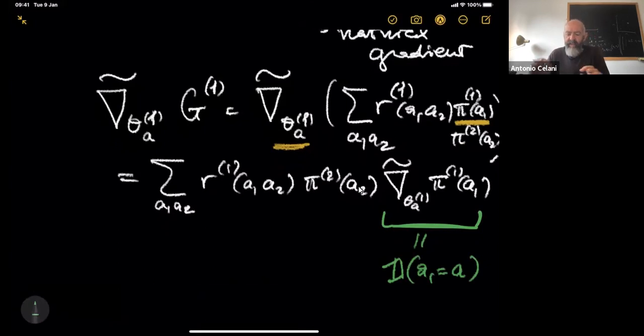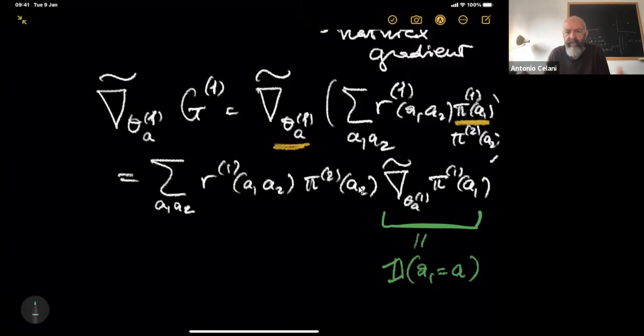So this is something that holds only if you take the natural gradient and the exponential combination of parameters. It looks like a little bit of a miracle, but it requires a little bit of calculation. You have to compute what the Fisher matrix is. Nothing very, very complex. You can do the calculation explicitly.